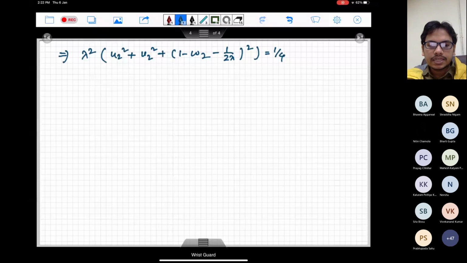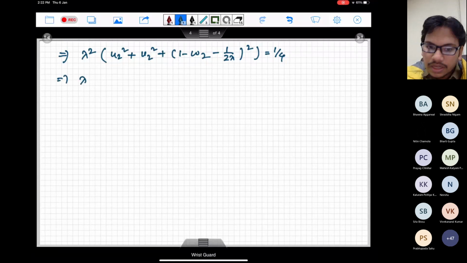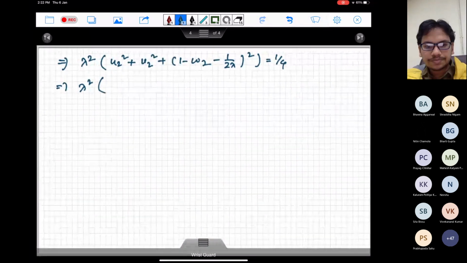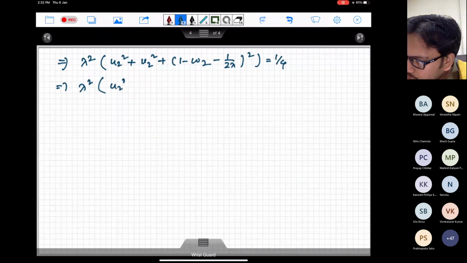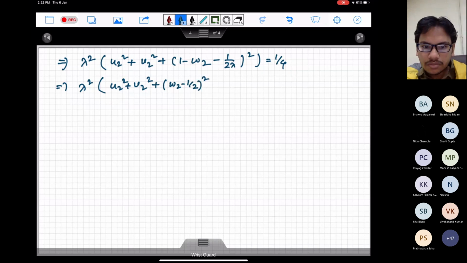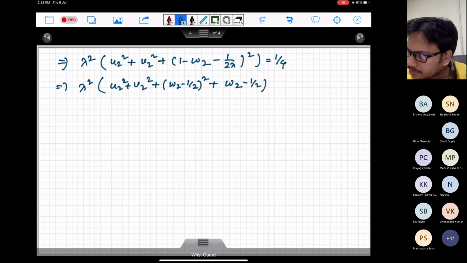Now if I open this up, I can write it as u2 square plus v2 square plus w2 minus half square, and then add and subtract, plus 1 minus w2 minus 1 over 2 lambda whole square is equal to 1 over 4.